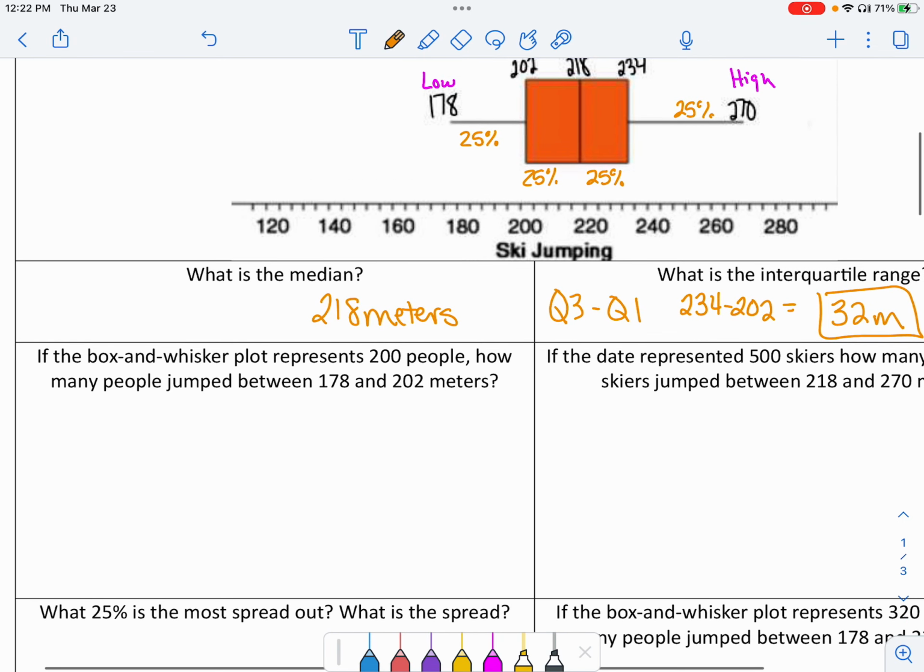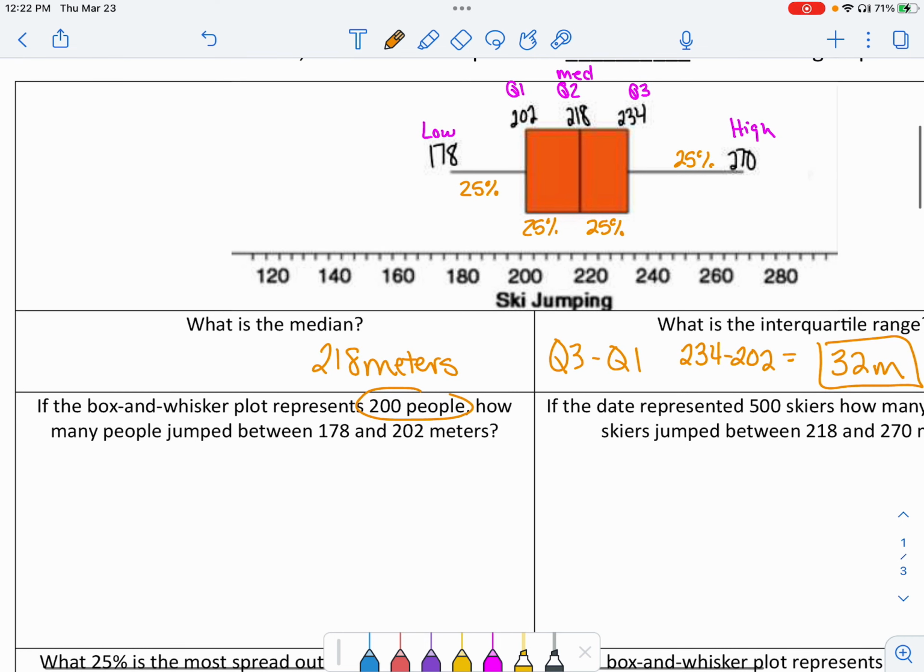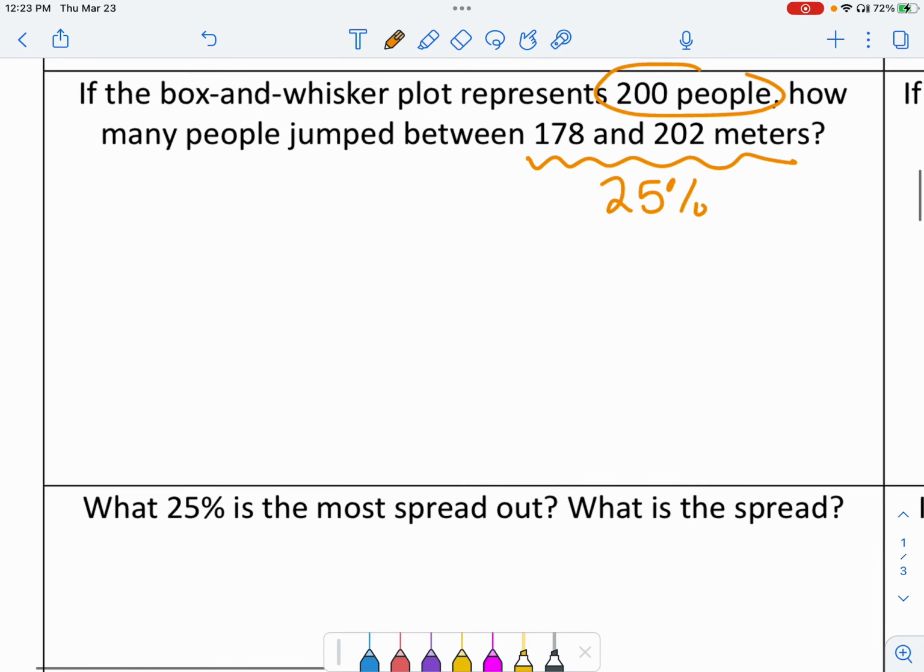If this box and whisker plot represented 200 people total, so 200 jumpers, how many people jumped between 178 and 202? I'm going to highlight that for a minute, between 178 and 202. So that's from here to here. Well, that's just one chunk, so this represents 25% of people. I'm going to teach you the way Miss Miles did with percentages.